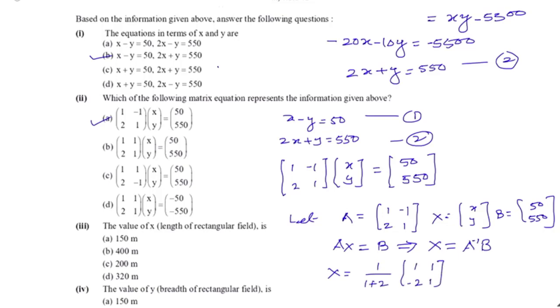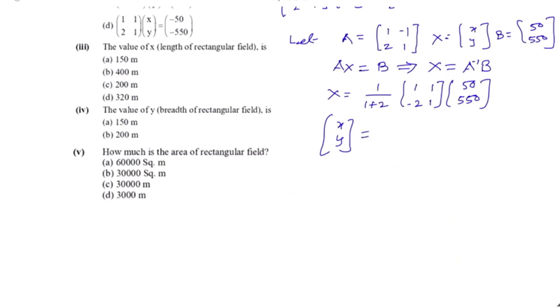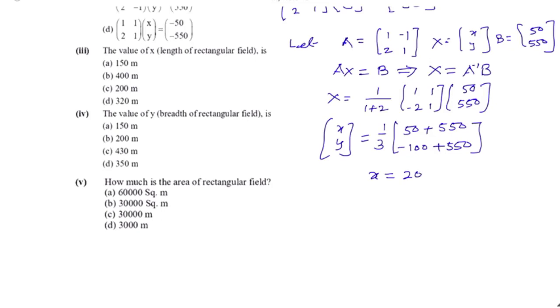Therefore, X is equal to 1 upon 3, matrix 1 1 minus 2 1, into another matrix 50 550. So solving this, we get x y is equal to 1 upon 3, 50 plus 550 minus 100 plus 550. After solving, we get x is equal to 200 and y is equal to 150.